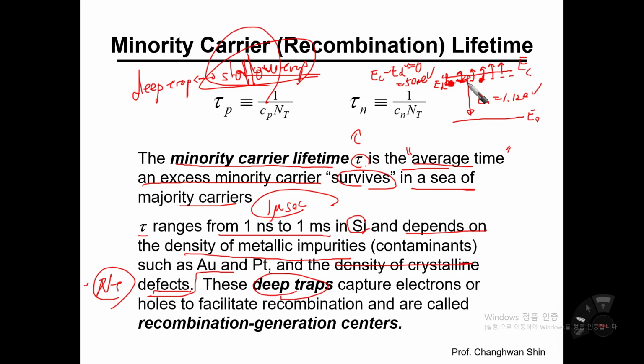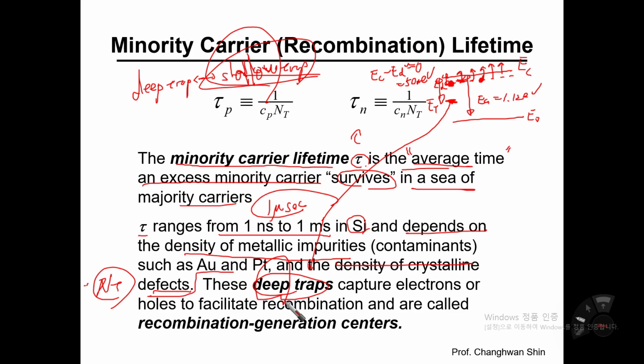Then the electrons can get in and out very simply without too much variation of energy. But if the energy state is created at the mid gap, it is not easy to get in and out of this trap site. Then we can say that this trap is a deep trap.